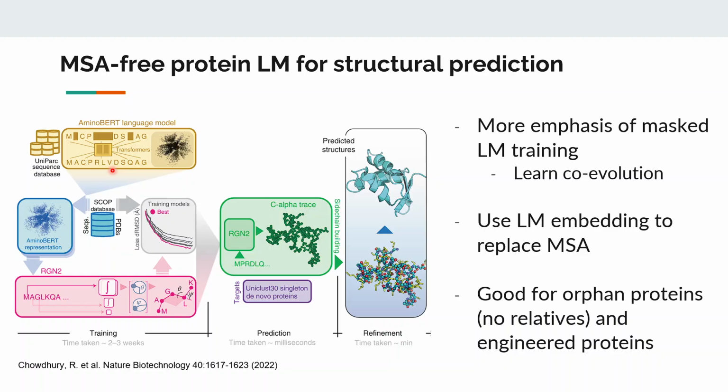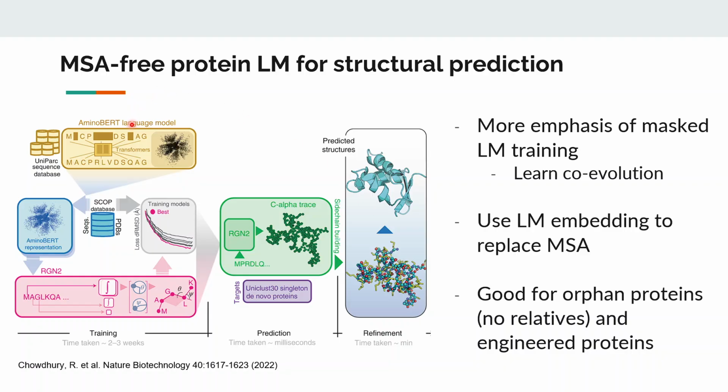People found that this kind of training, even though it looks counterintuitive and doesn't use the information that we as humans use, still allows the model to predict 3D structure very well. It's not as good as AlphaFold, because AlphaFold uses multiple sequence alignment information, which is what should be used.